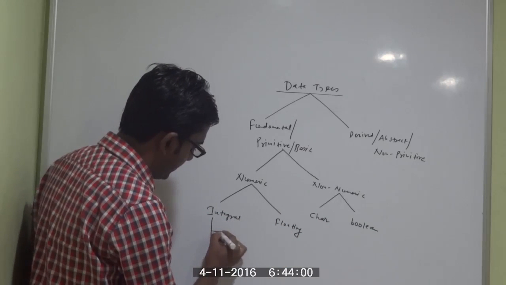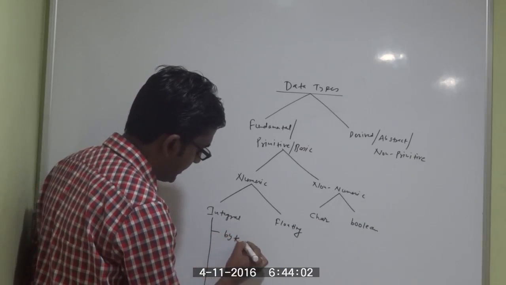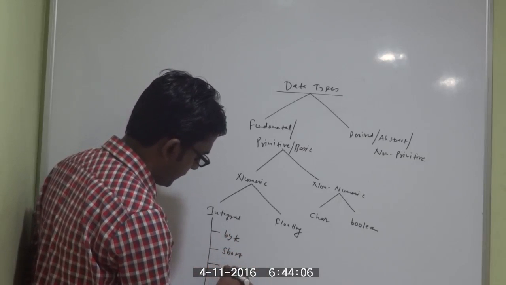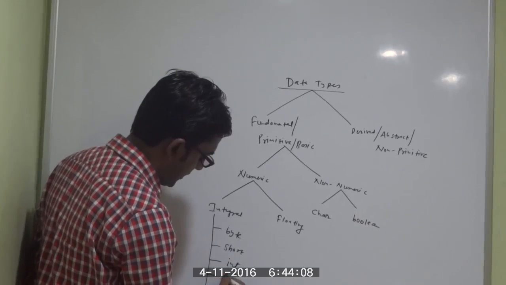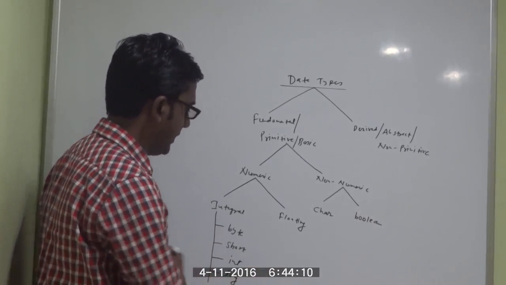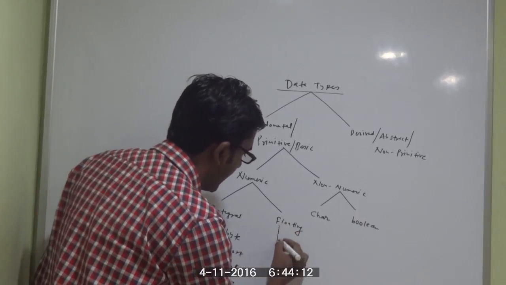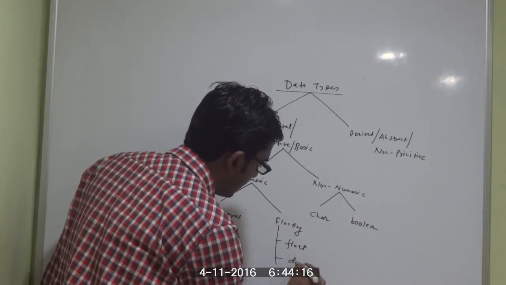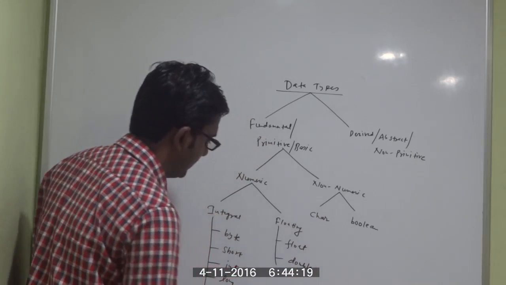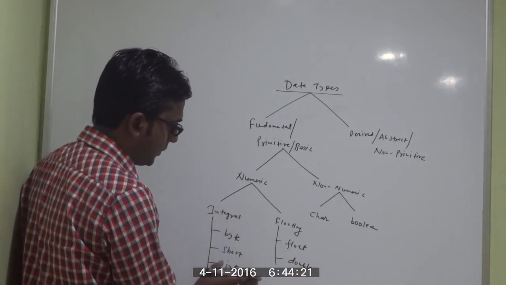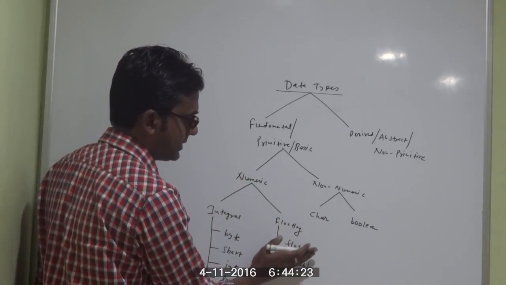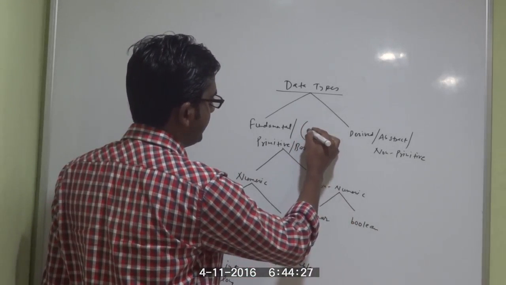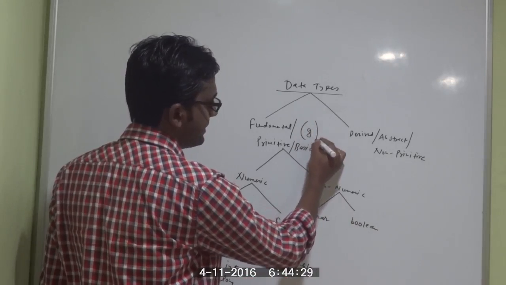Inside integral we have byte, short, int and long. And in floating we have float and double. This means 4 plus 2 means 6, 7, 8. This means the total primitive data types present in Java is 8.